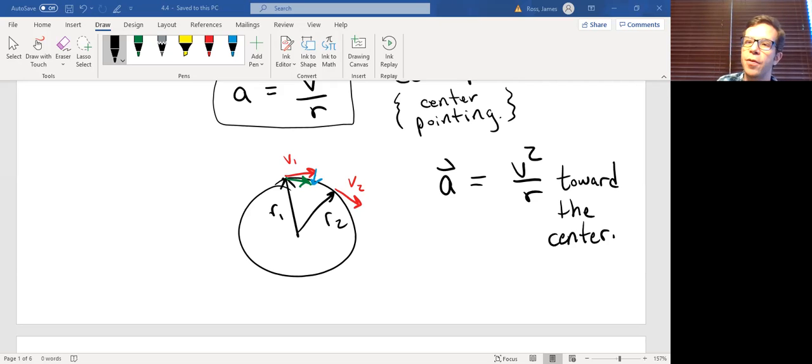But what actually makes you seem weightless is that the space station that you're in and you are both experiencing the same acceleration due to gravity.